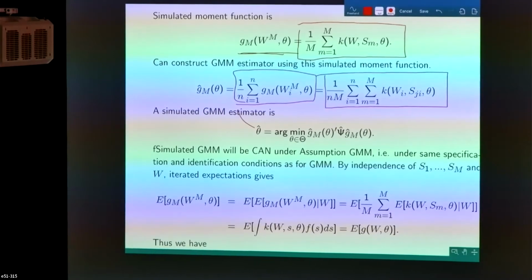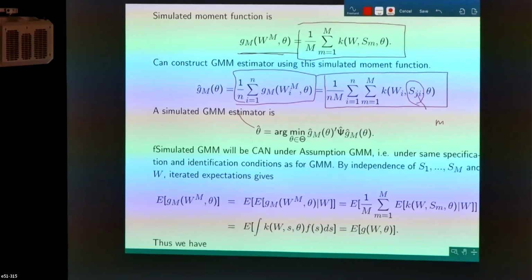It's the average across observations, i equals 1 to n, of the average across the simulation draws for each i. Actually, it's an S_im. Sorry, this j should be m. It's an average of K over those draws of S, and you do that for each i. So for each i, you draw m of these specific to i, average across those m, and then average across all i's.